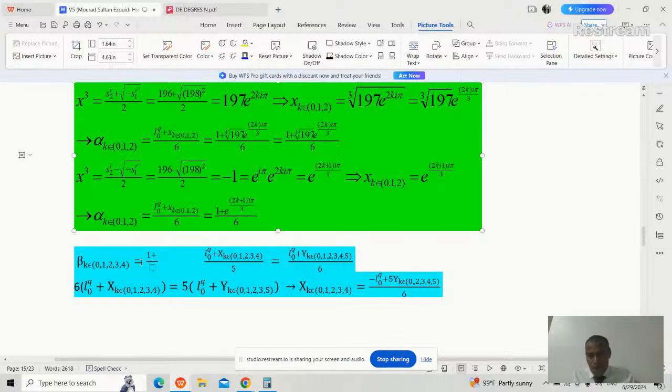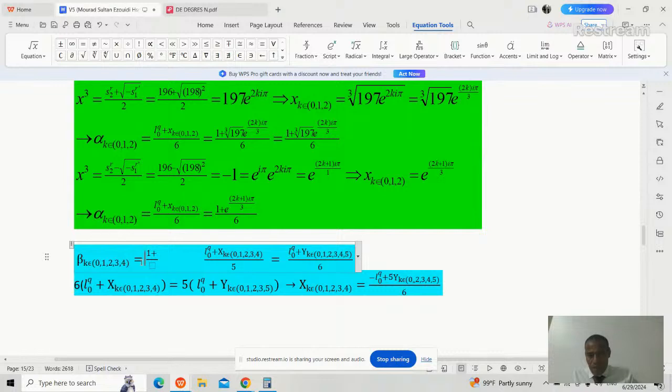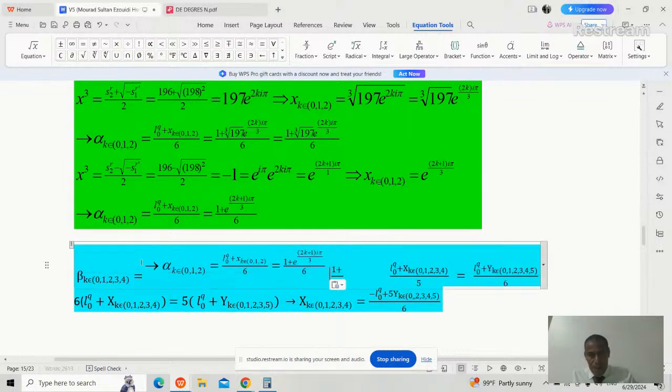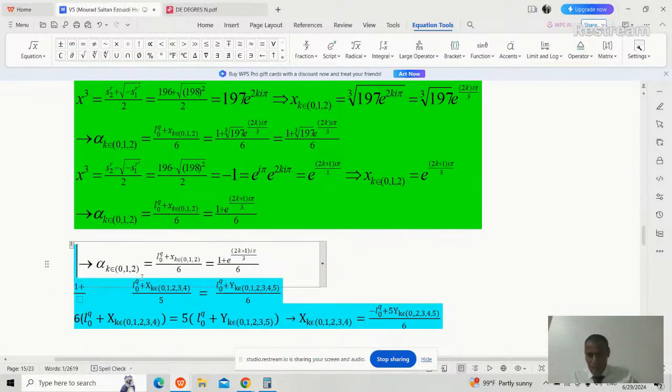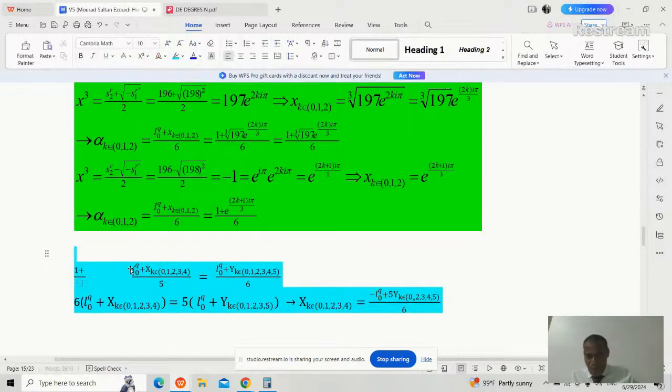Therefore, this one is that. This is alpha, yes, correct, or beta whatsoever. There is no difference, in fact. For k equals 1, no need. So it doesn't work here. Okay, no problem.